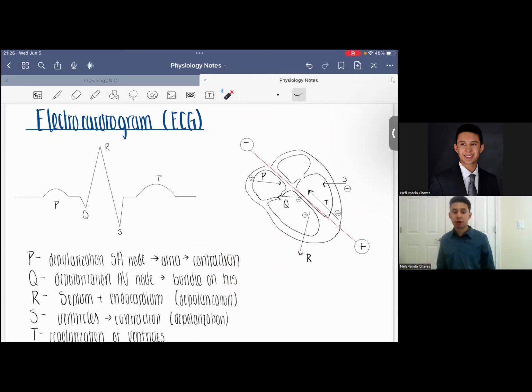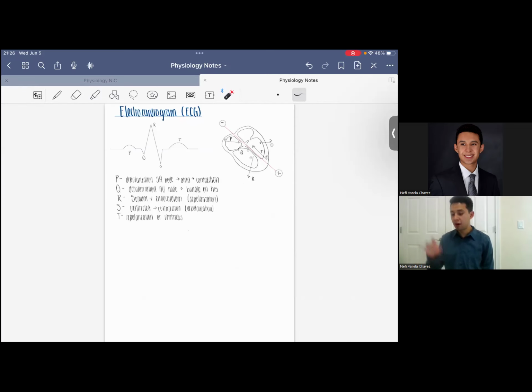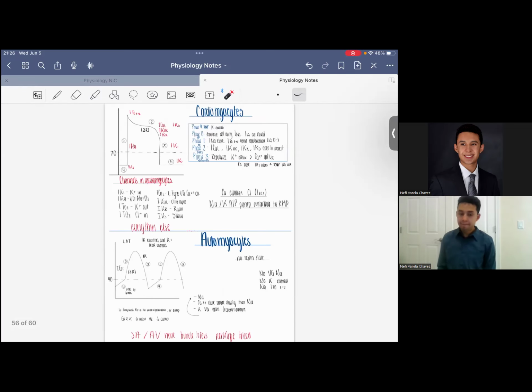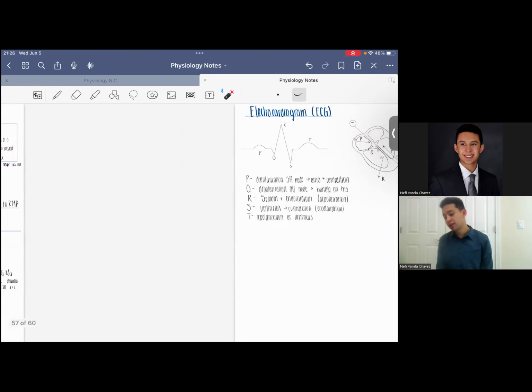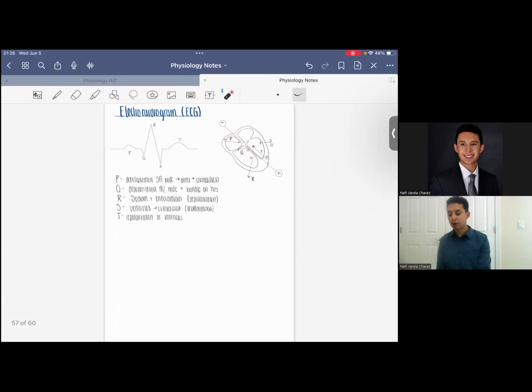So we can see a difference in the waves, okay? Or what if the depolarization of the SA node is not uniform, or the ventricle? So these waves are gonna help us to see abnormalities inside the heart. So, action potentials, arrhythmia, cardiomyocytes, and electrocardiograms.